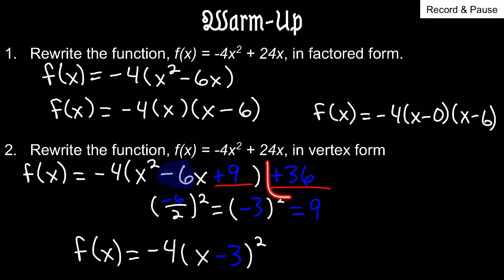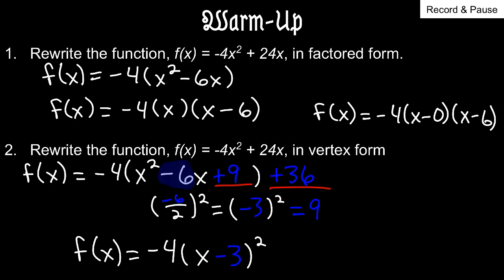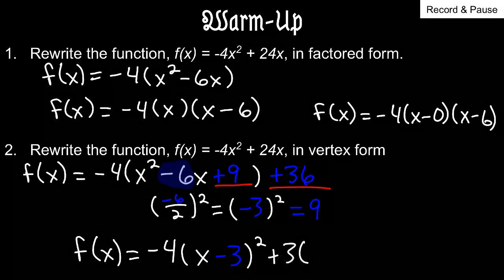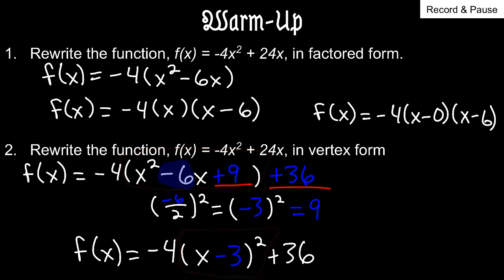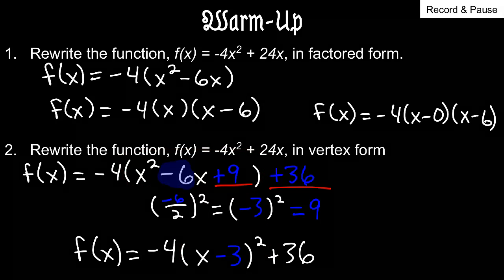And then we have the plus 36 right here. And now we have rewritten our function in vertex form. So when we factor this, you can use the generic rectangle diamond problem method to get this if you'd like to, if you don't see the straight factoring there.